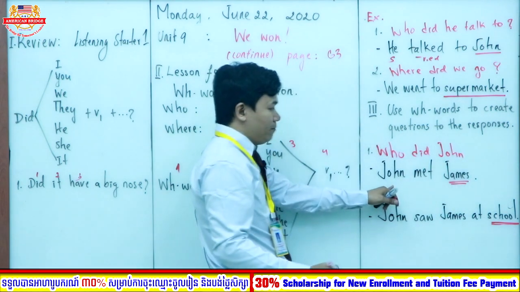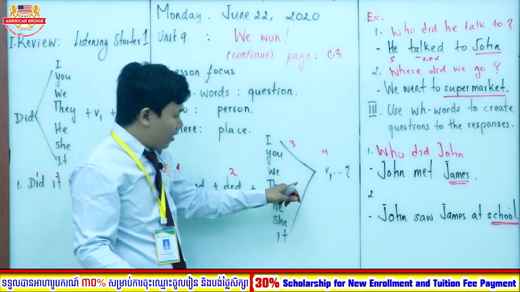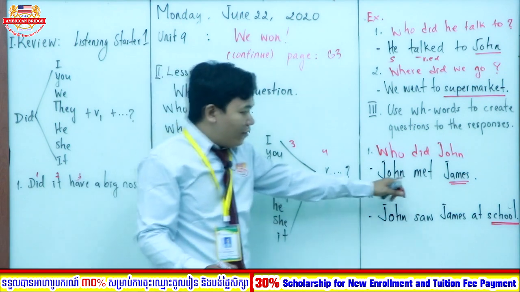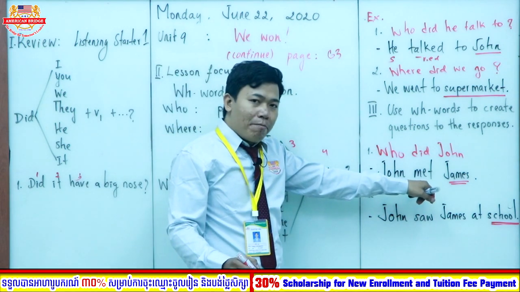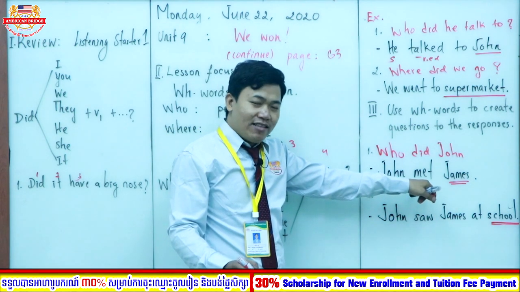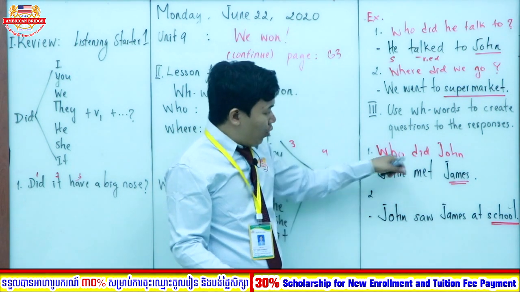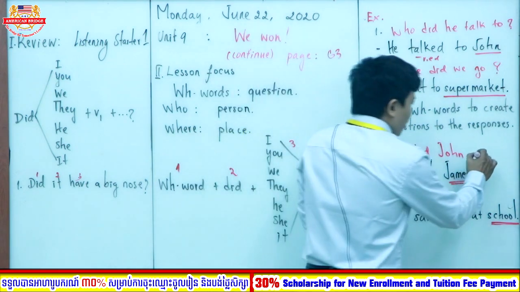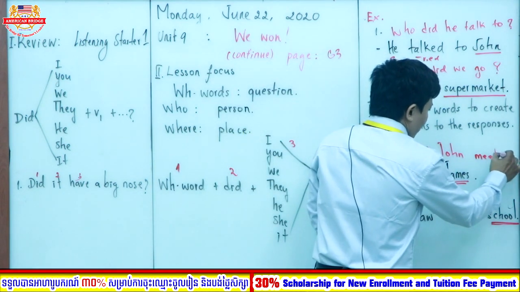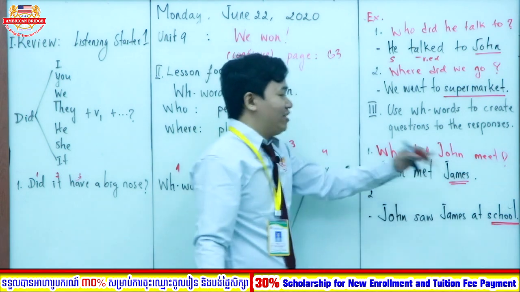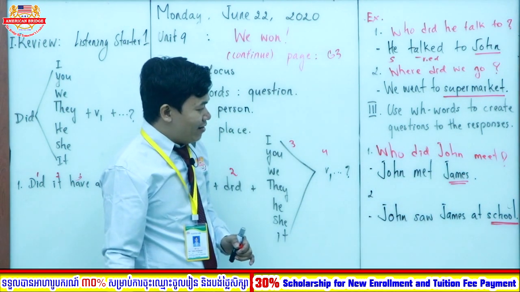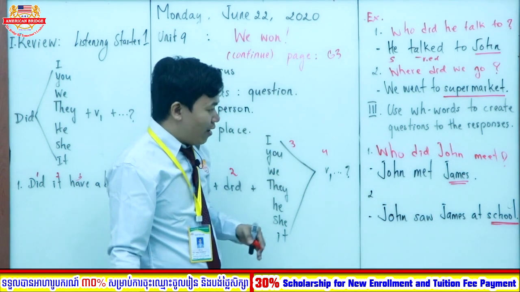Who did John? What else? Verb 1. Verb 1 of the verb met, what is it? Yes, verb 1 of the word met is meet. Who did John meet? And then put a question mark, right? Okay, now we got the first answer already.